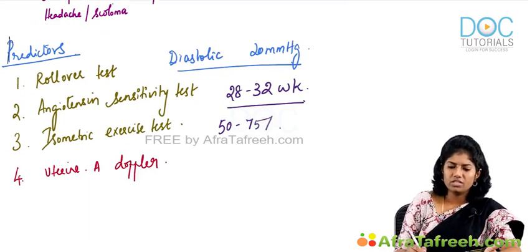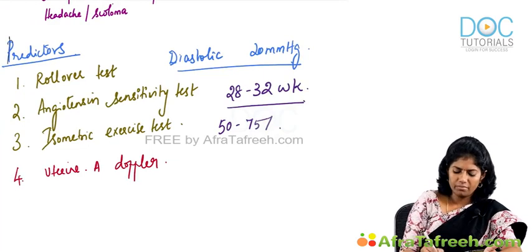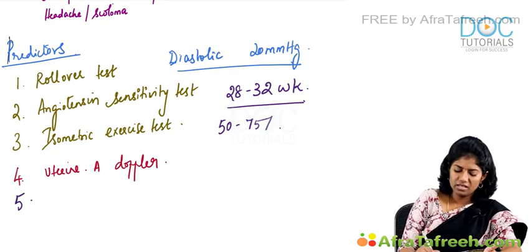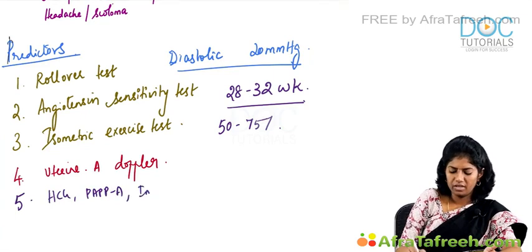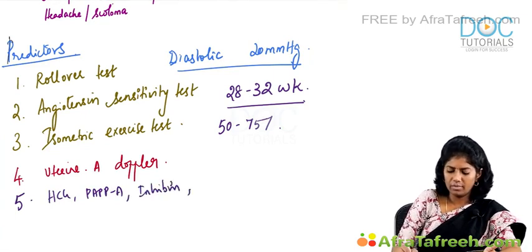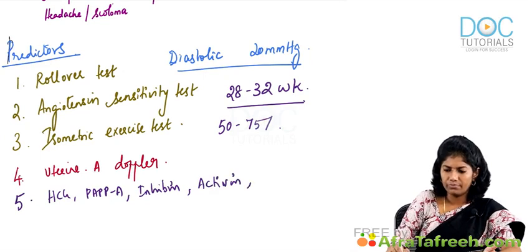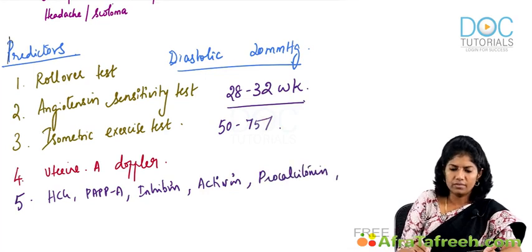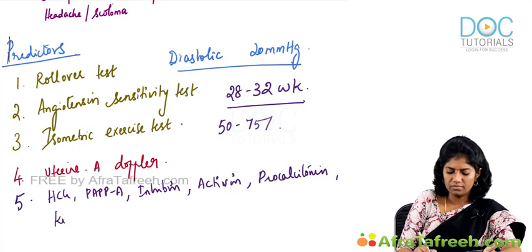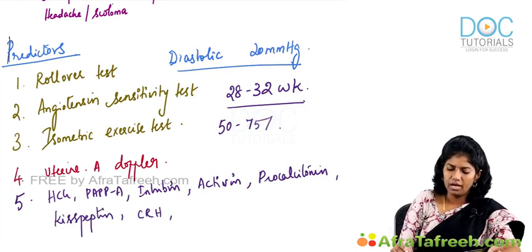So, the next one is a few important markers, substances in the serum like HCG, PAPP-A, inhibin, activin, procalcitonin, kisspeptin, corticotropin releasing hormone.